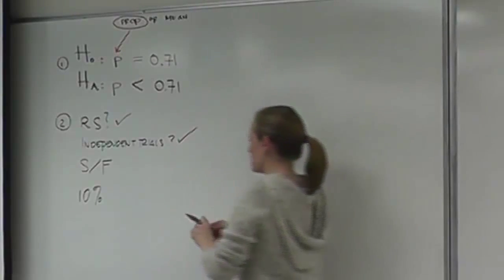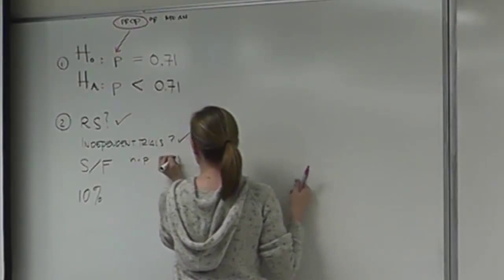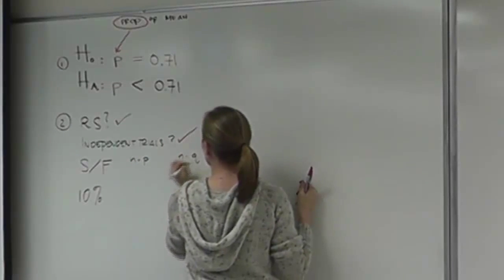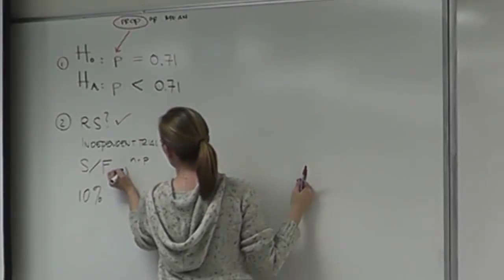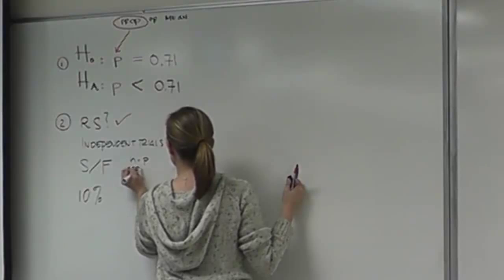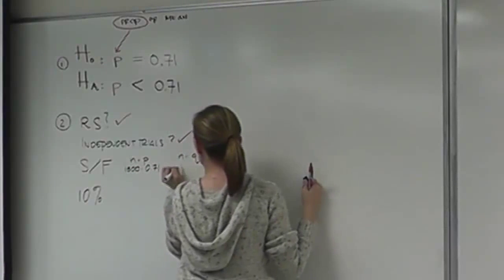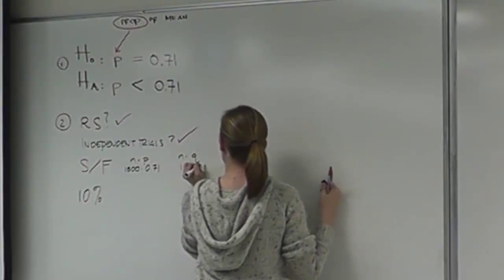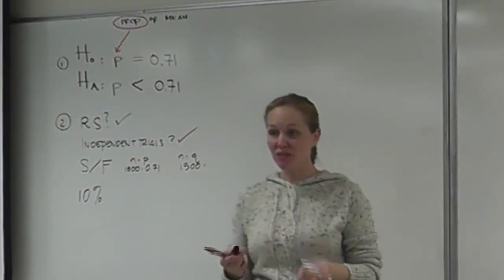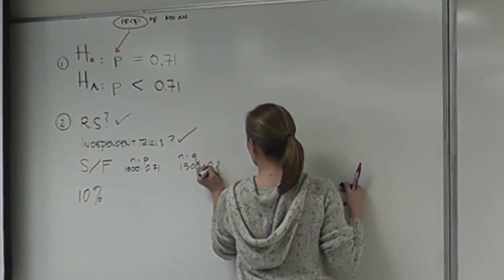Success, failure. So this is basically where you kind of churn out some numbers, n times p and n times q. So we have, what, 1,500? Yeah. 0.71, and then 1,500. Q, that is, unfortunately, the people who didn't finish in 4 years, is 0.29.